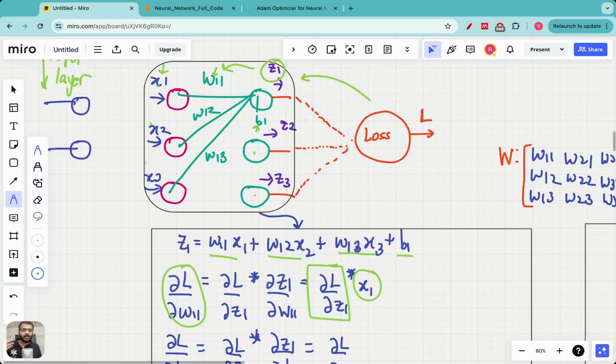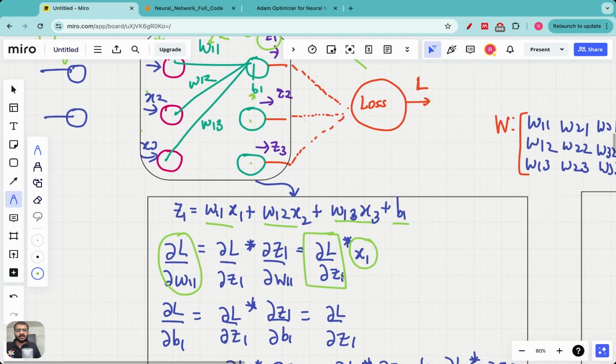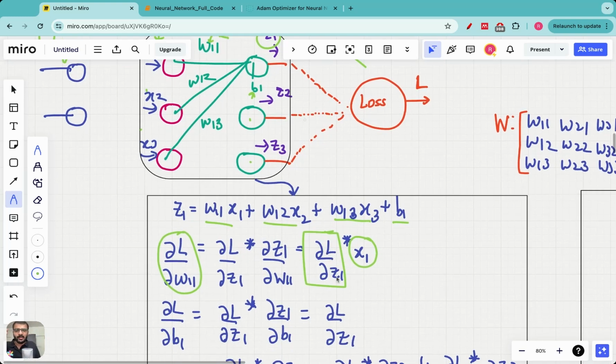That's the first intuition to develop. The partial derivative of loss with respect to the weights is equal to this first term, the partial derivative of loss with respect to Z1, Z2 and Z3, multiplied by the input which is associated with that weight.